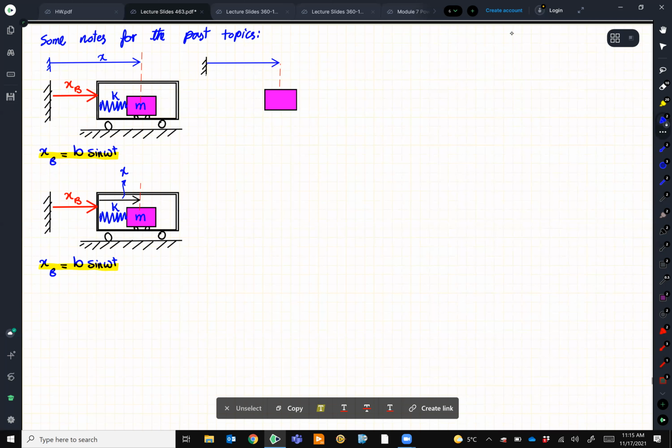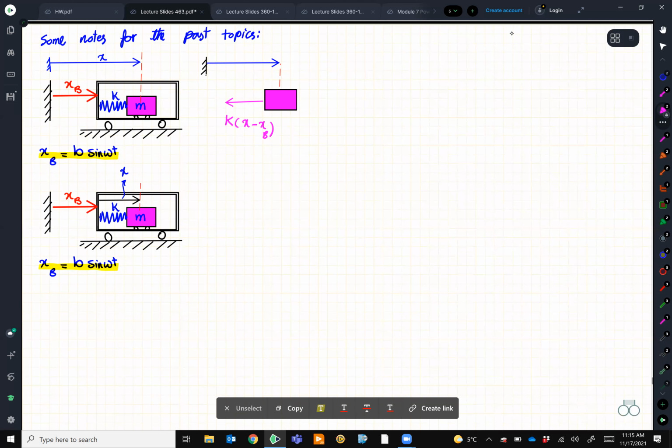So now when I want to draw the free body diagram, let's say the cart moves with xp, the mass moves with x. So how much is the spring going to deflect? That's something that we need to carefully write down. Let me use another color so we don't confuse these. So my force here is going to be k(x minus xp).